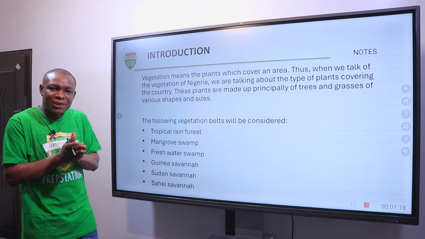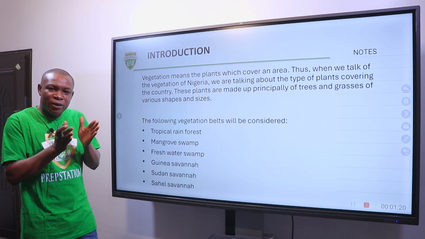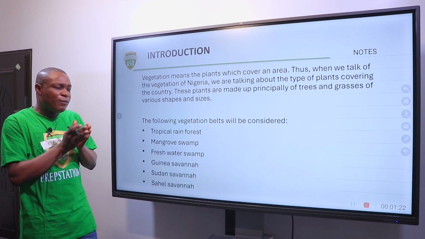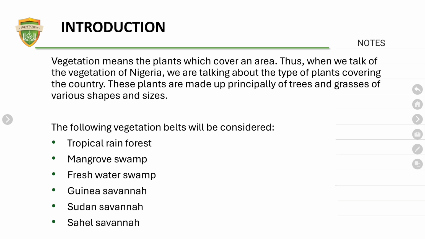For this discourse, we'll be looking at the forest vegetation in terms of the tropical rainforest, the mangrove swamp, and the freshwater swamp. In terms of savanna, we'll be looking at the Guinea savanna, the Sudan savanna, and the Sahel savanna.